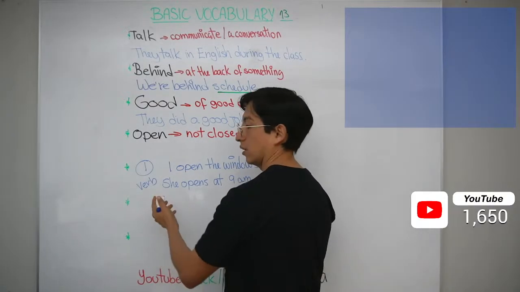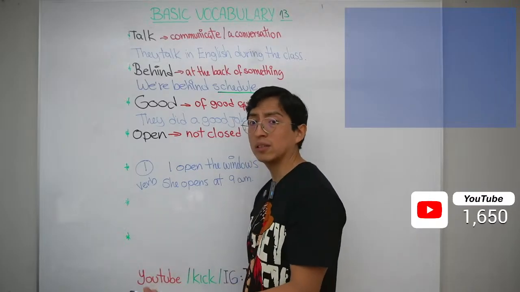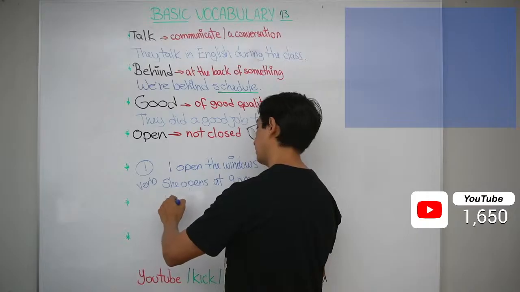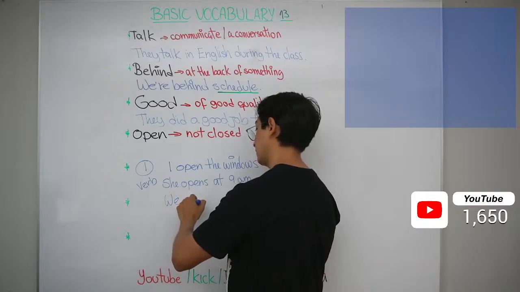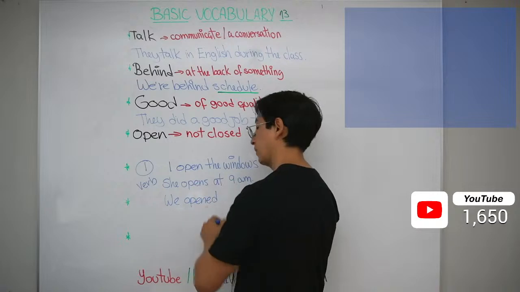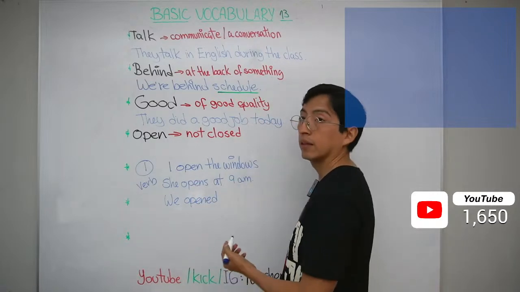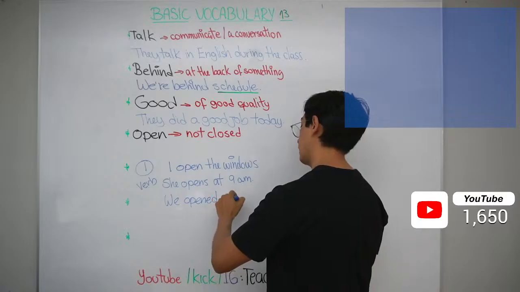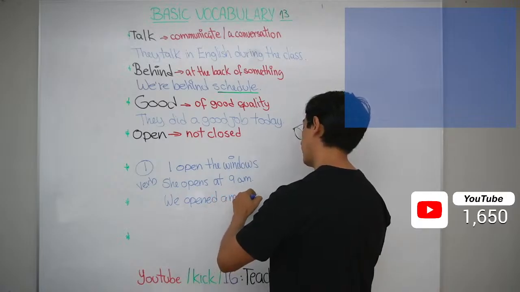Now, what else can we say here? We can use this in the simple past too. What is the simple past of open? For example, we can say we opened a new restaurant.